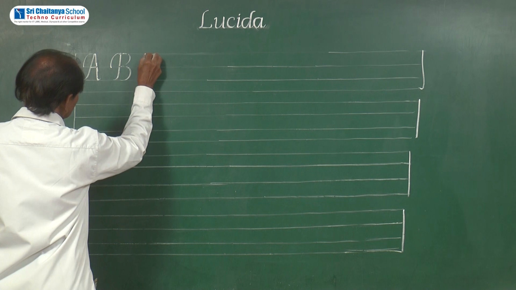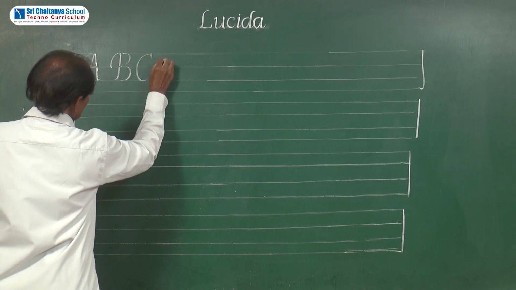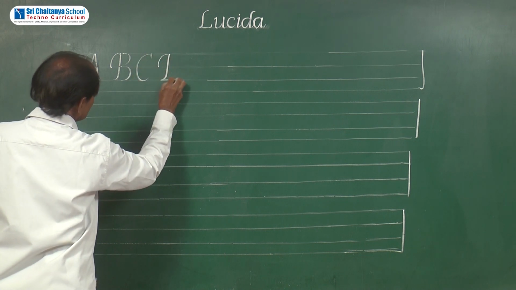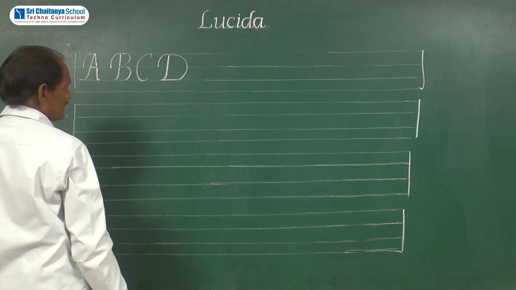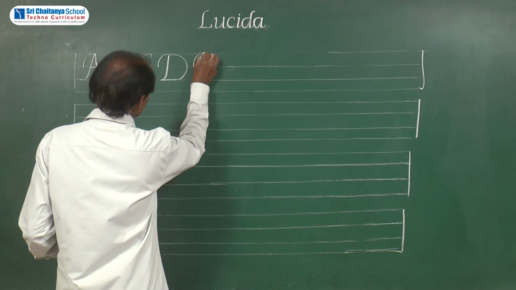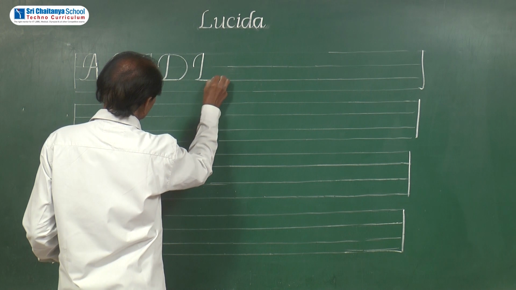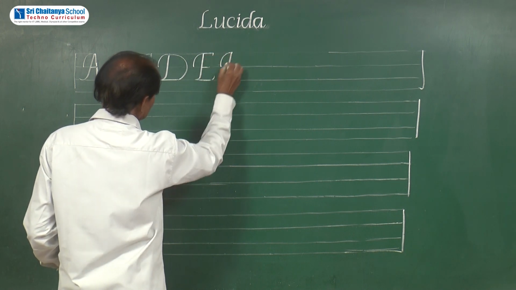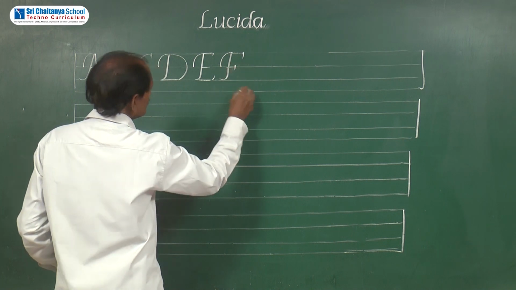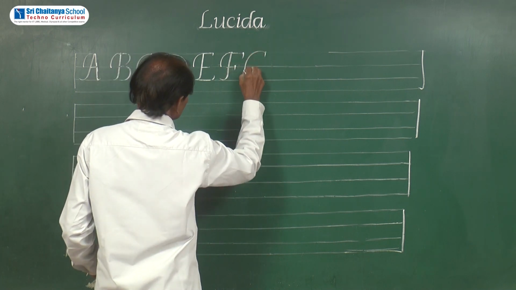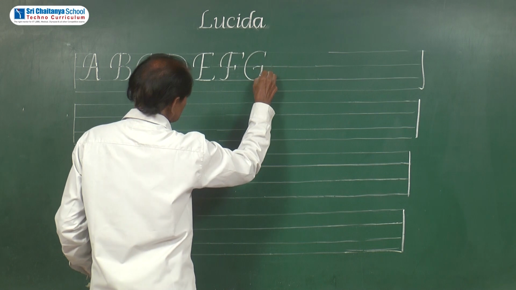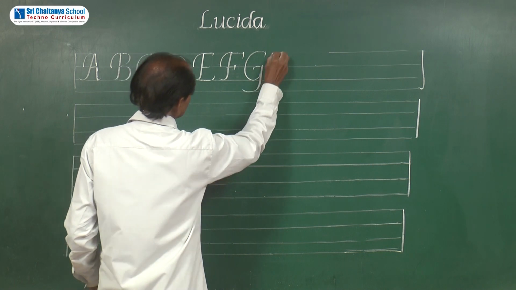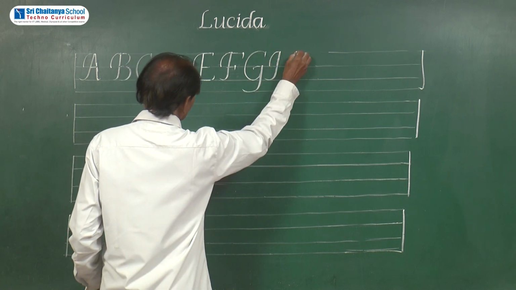Capital B, capital C, capital D. E is the stroke letter, F is the stroke letter, G is the mixed zone letter, H is the stroke letter.